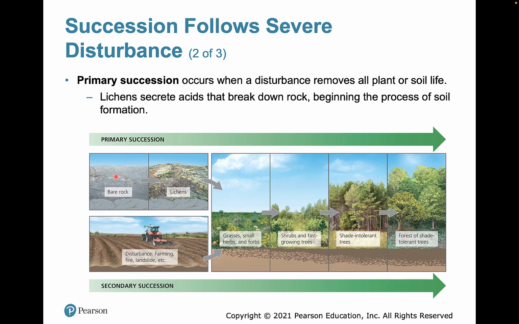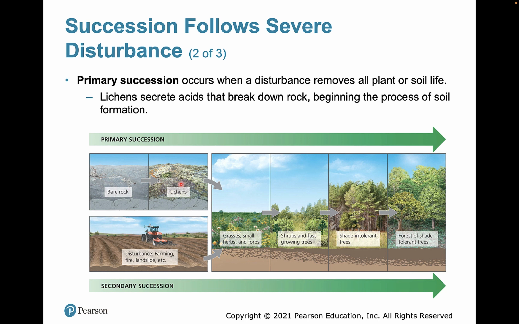Something that's really important about primary succession is that primary succession happens when all of the soil is gone. There's no soil, right? So typically that tends to happen when you have, like the Hawaiian Islands, volcanic islands that are being formed where there were no islands before. So you have bare rock, and you have lichens that come in and start to colonize the rock.